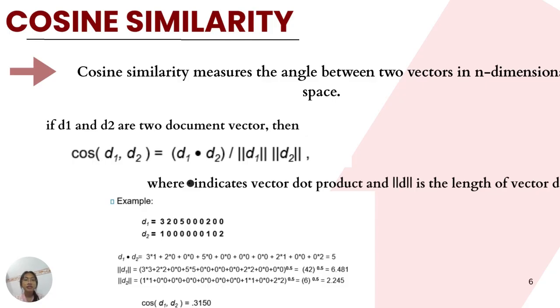Cosine similarity measures the angle between two vectors in n-dimensional space. It is often used for text or high-dimensional data. If d1 and d2 are two document vectors, then we get this formula, where the dot indicates the vector dot product and ||d|| is the length of vector d. And the example below you can see by yourself.